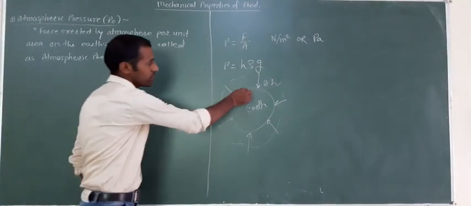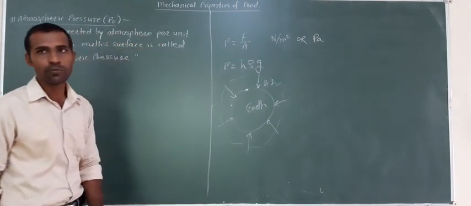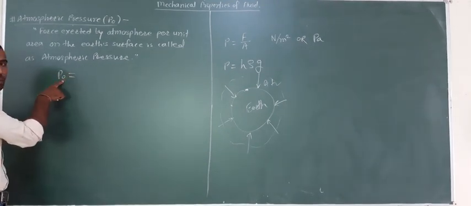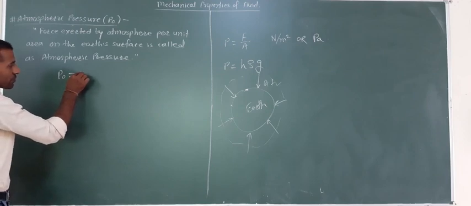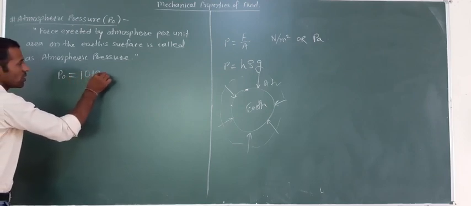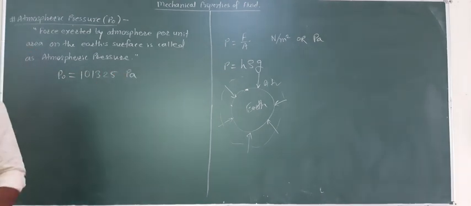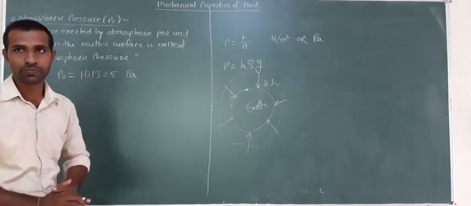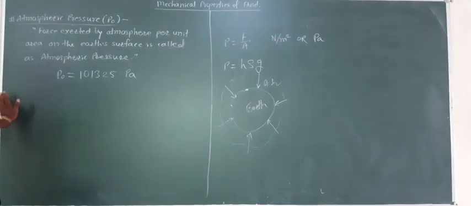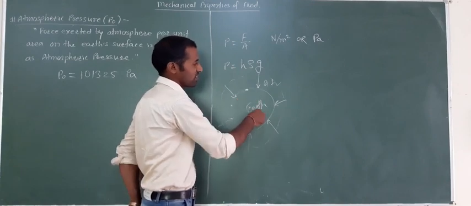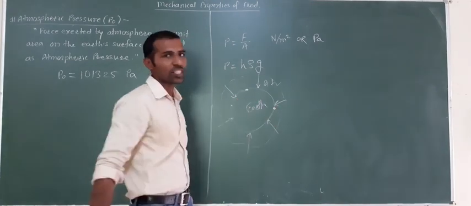If we measure atmospheric pressure exactly on the Earth's surface, then it has a magnitude. Atmospheric pressure is denoted by P0. It has magnitude 101325 Pascal. Okay, this is the atmospheric pressure at Earth's surface, and it is also observed that the atmospheric pressure has its largest value at the Earth's surface.